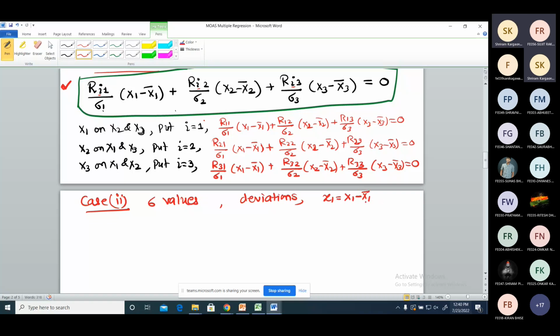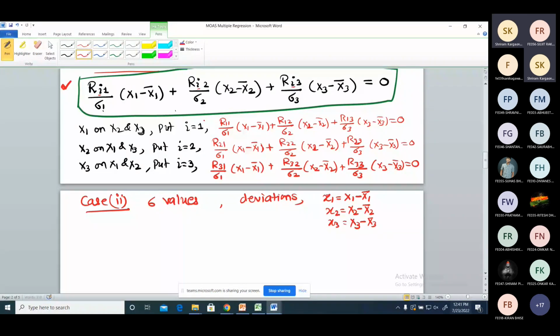There are three variables x1, x2, x3, so you subtract the arithmetic mean from each observation. Small x1 is the deviation from the mean of the first variable, small x2 from the second, and small x3 from the third.